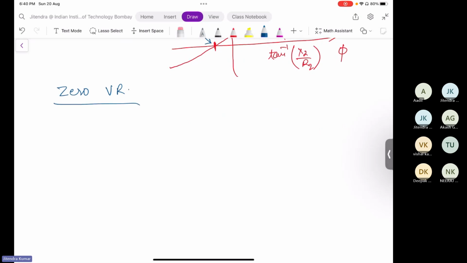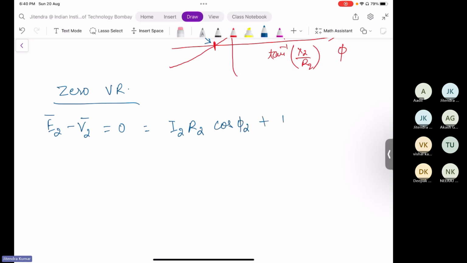So what should be the zero voltage regulation condition? You again have to equate E2 minus V2 to zero, which is I2 R2 cos phi 2 plus, let us assume we are taking lagging power factor condition with positive sign, I2 X2 sin phi 2.